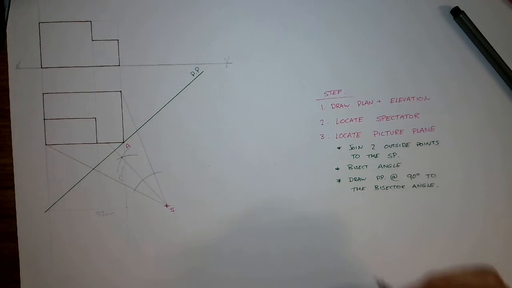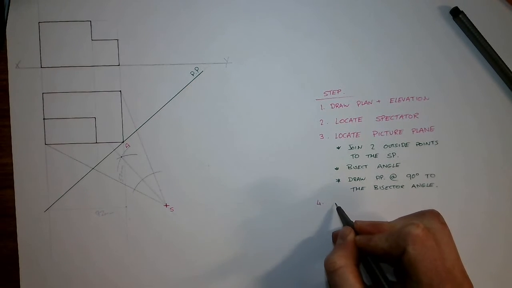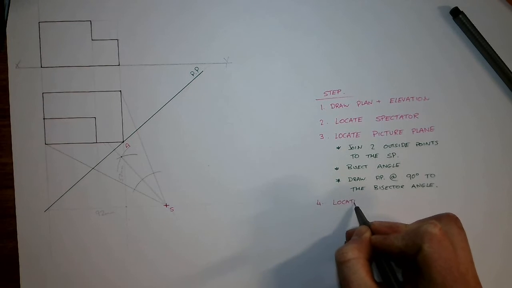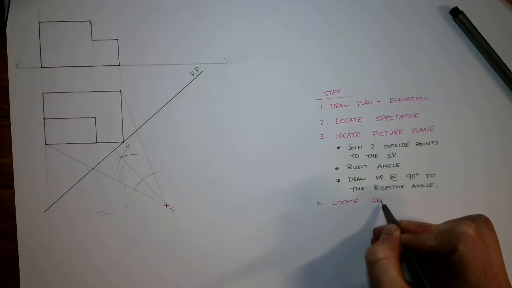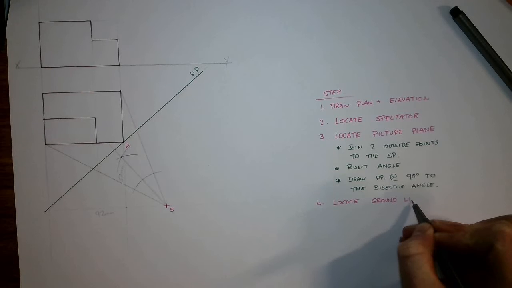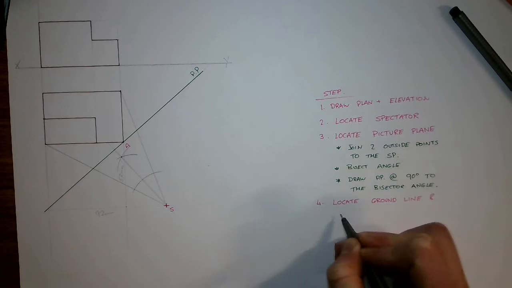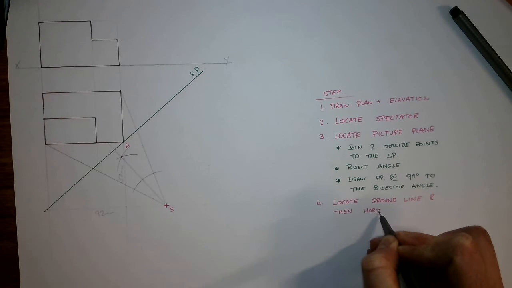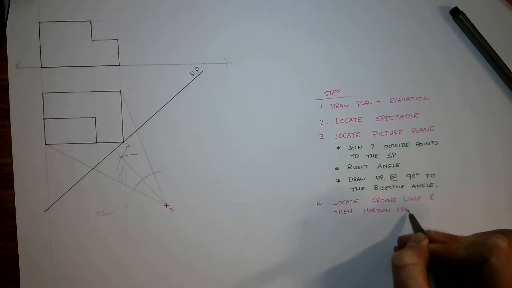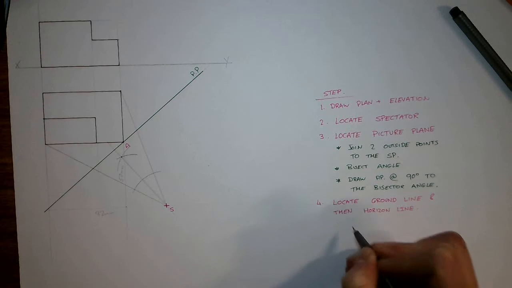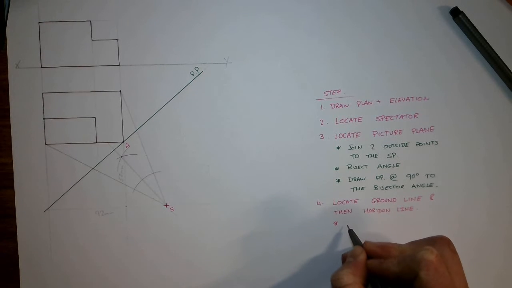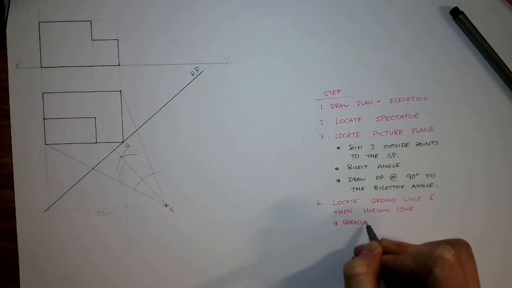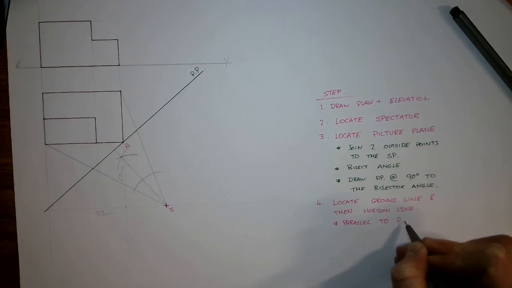Now your ground line, step 4 is to locate the ground line and then also locate the horizon line. They will always be parallel to your picture plane.